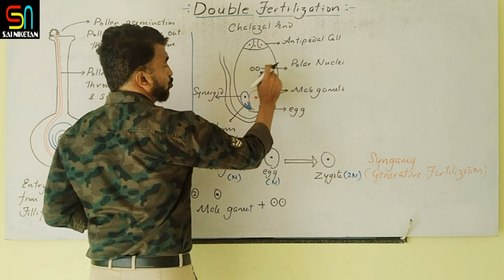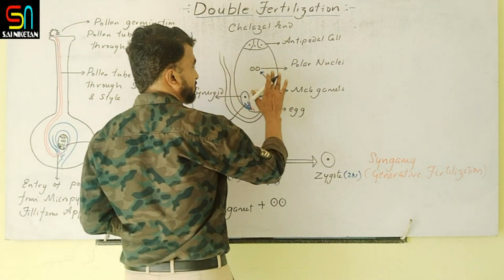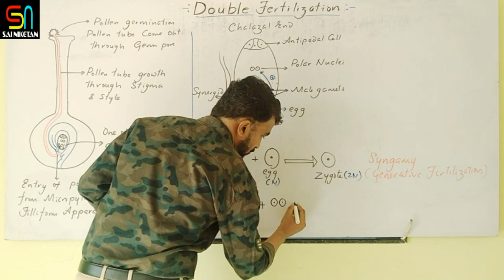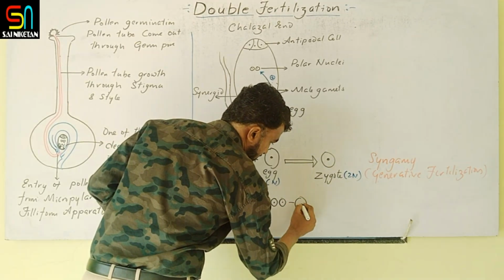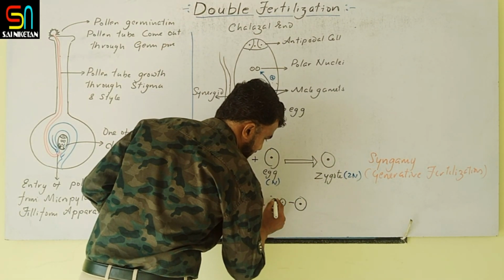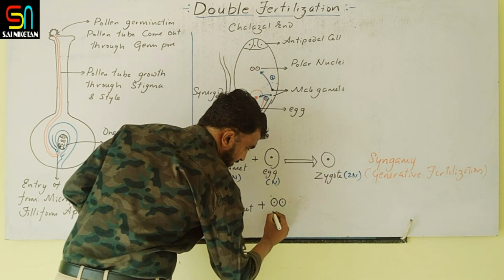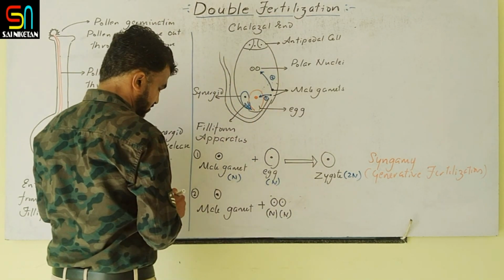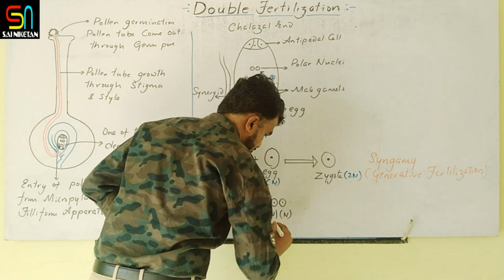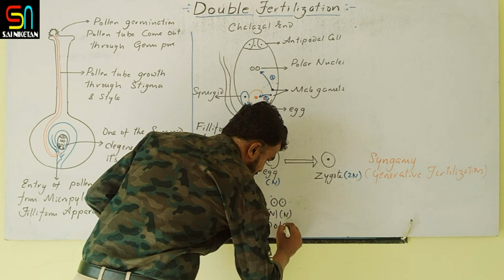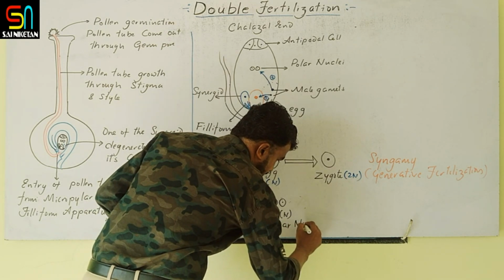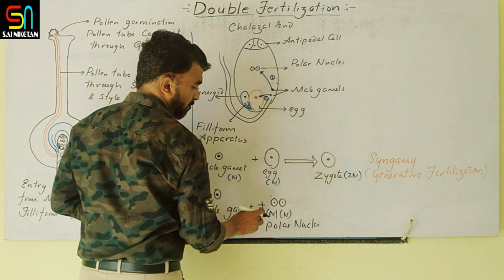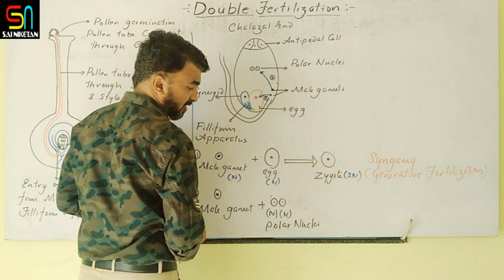The central cell contains two polar nuclei, but just before fertilization, these two polar nuclei, N plus N, fuse to form the secondary nucleus.